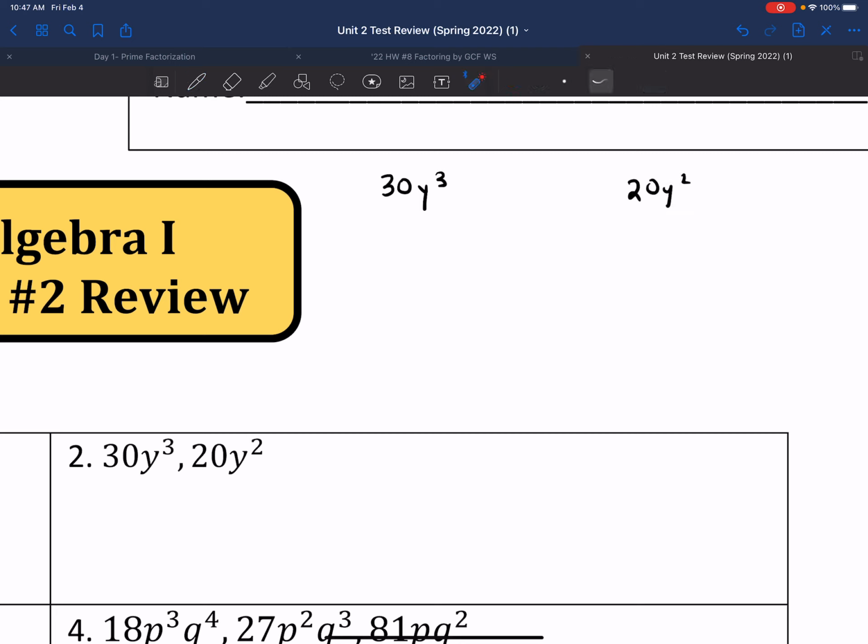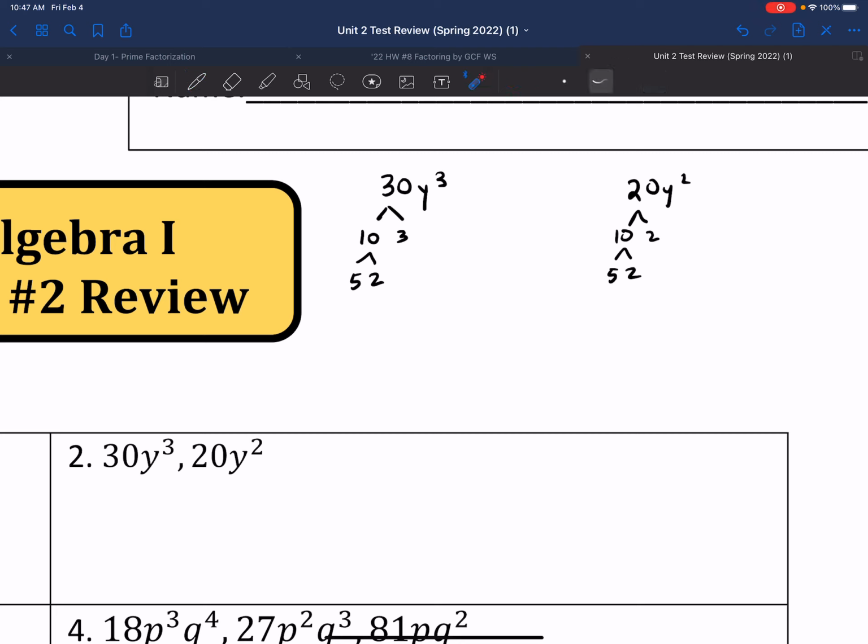Now I'm going to look at the 30 and the 20. How about 10 and 3? And I can break down the 10, which will give me 5 and 2, so I'm left with all prime numbers here. For 20, I'm thinking 10 and 2, and then 5 and 2.